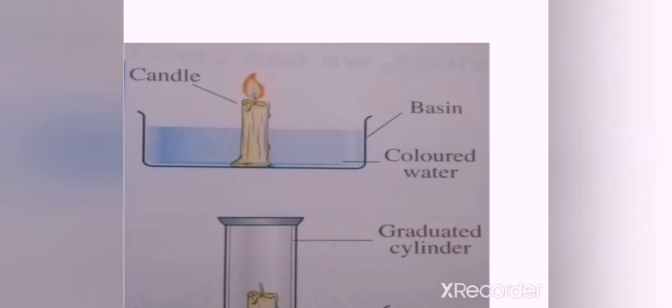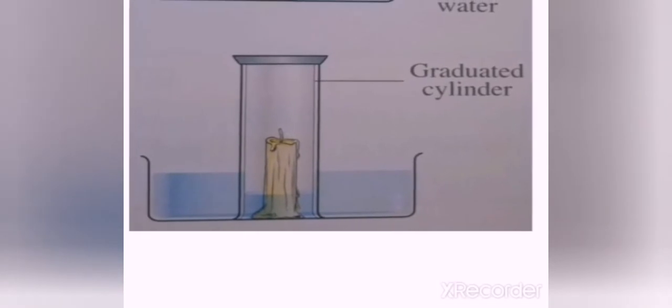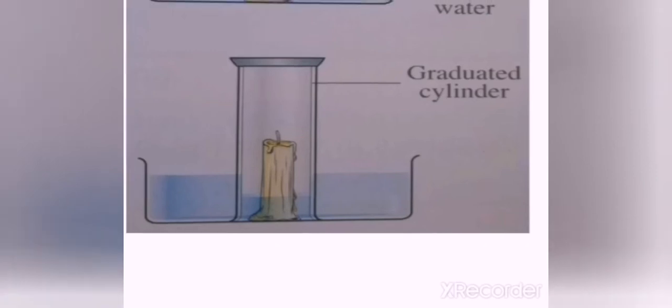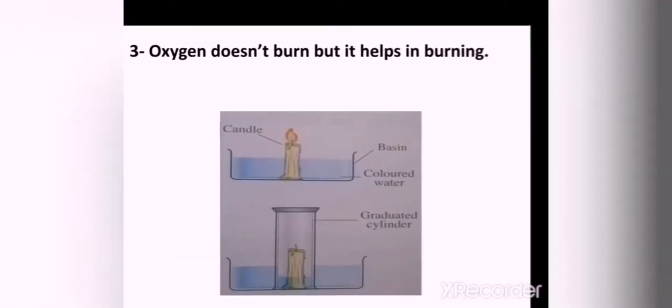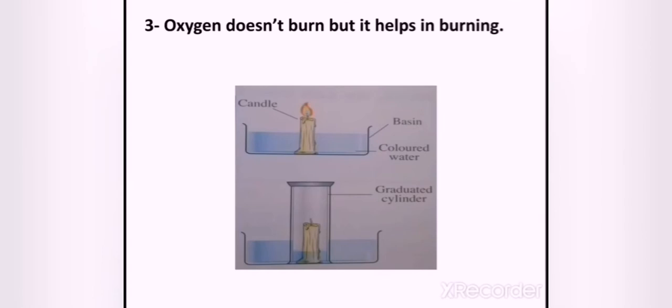Why? Because a little amount of colored water rises inside the cylinder, because the air inside the cylinder loses one of its components, which is oxygen gas, that is consumed by the candle during the burning. So the oxygen gas doesn't burn, but it helps in burning.